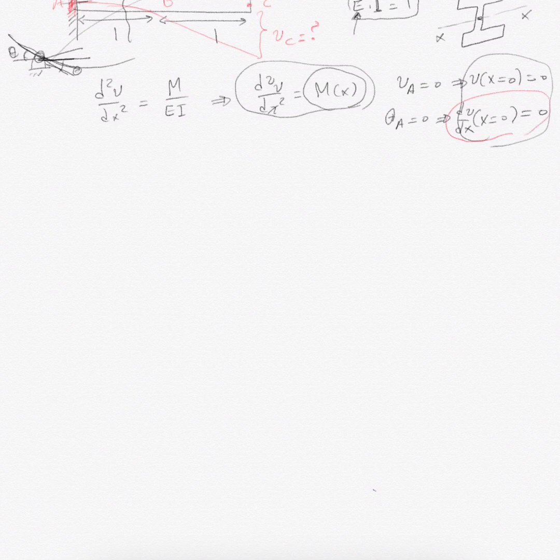Alright, so going back to the problem, I have this equation, the second derivative of v with respect to x is equal to M of x, and I have to double integrate. First I need to find my moment. How do I find my moment? Well, moment diagram. Okay, so how do I draw the moment diagram for that? Well, I know that I have two intervals, x from 0 to 1, and then from 1 to 2, right?